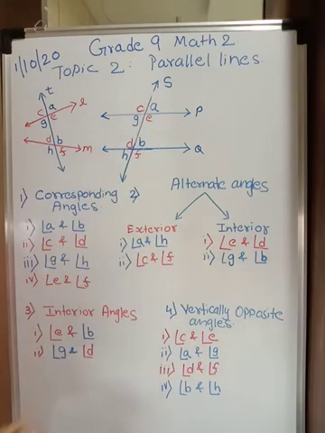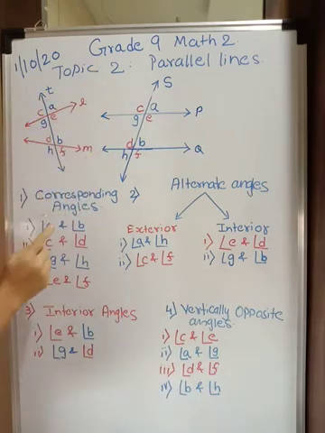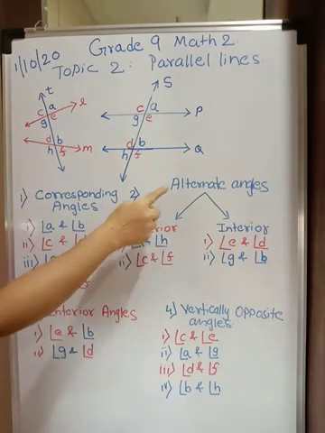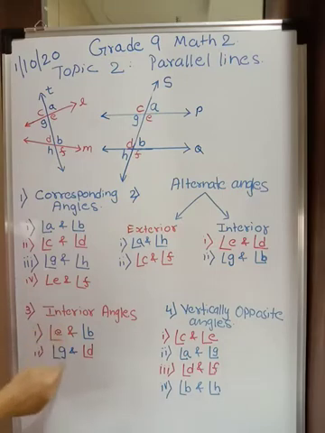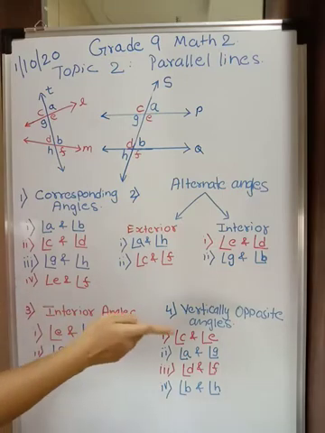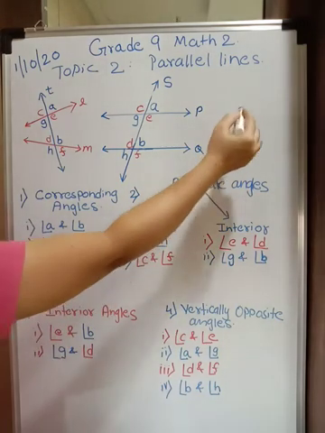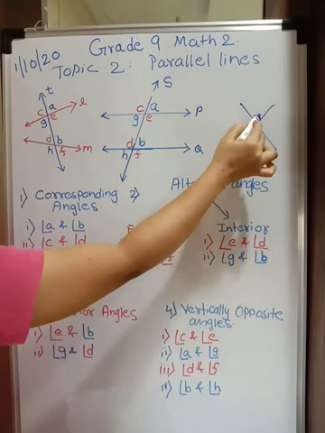So whenever any two lines, whether parallel or not parallel, are intersected by a transversal, you get in all 4 pairs of corresponding angles, 4 pairs of alternate angles, 2 pairs of interior angles, and vertically opposite angles are also 4.